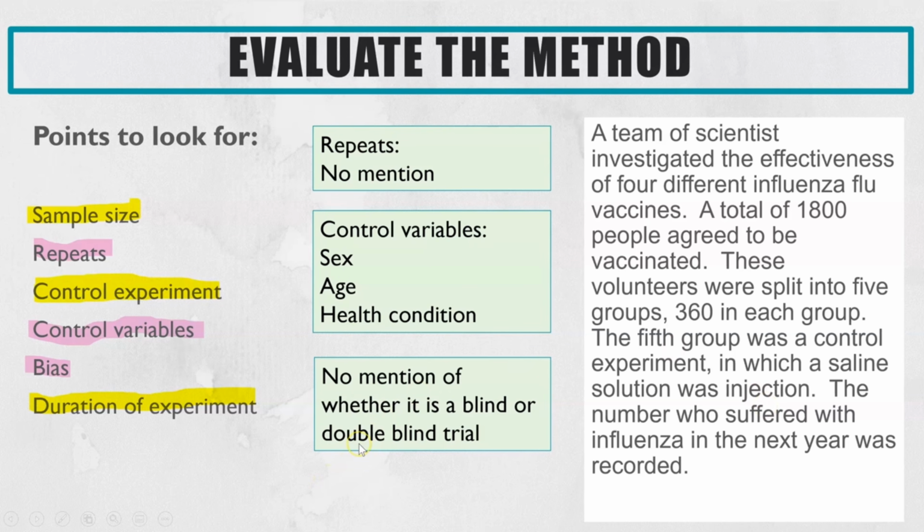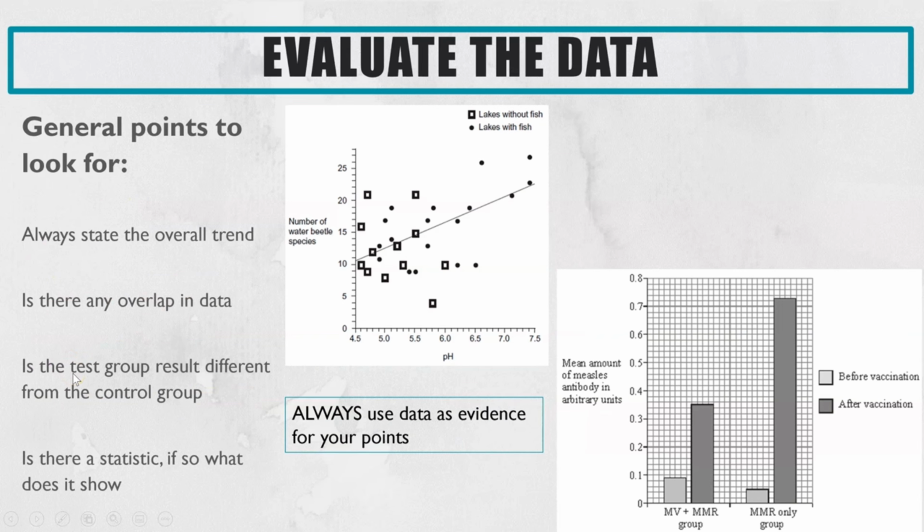A double-blind trial is when neither the volunteers nor the doctors, or in this case the scientists, know who's got which, and therefore it avoids bias. So if you are asked to evaluate a method, these are some of the general points to look out for. If they have discussed it, you then need to decide whether they have got a good sample size, for example, have they repeated it enough times, and is it biased or not, and so on.